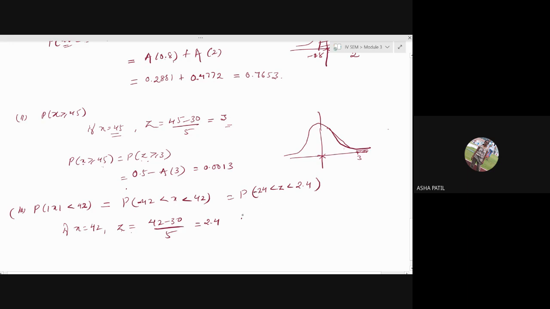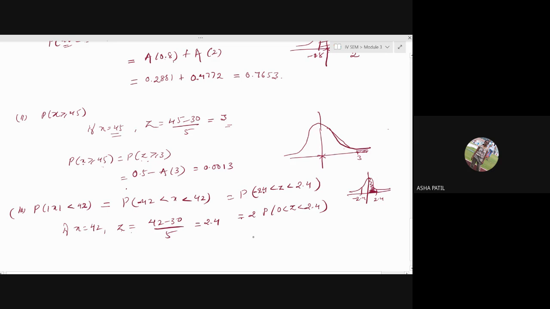Check out the value. Minus 2.4 to plus 2.4 means we write it as 2 times the probability that 0 is less than Z less than 2.4. Instead of taking minus 2.4 up to plus 2.4, we take 2 times the area of 0 to 2.4.